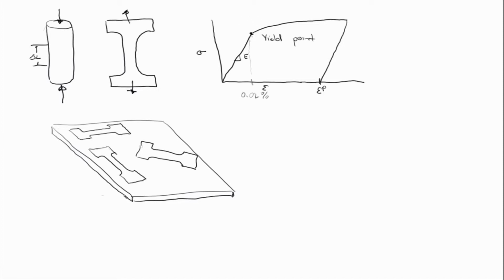So for example, an annealed copper would have a fairly flat part right here. Most steels exhibit some type of work hardening, so the more I strain it, they're going to appear to get harder and harder.